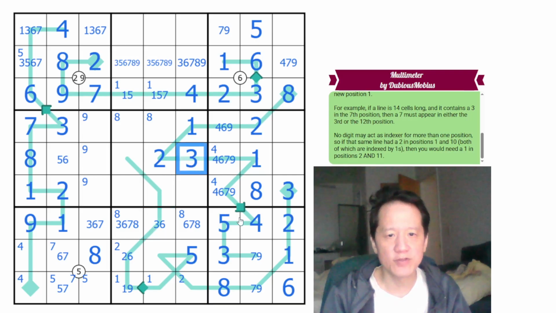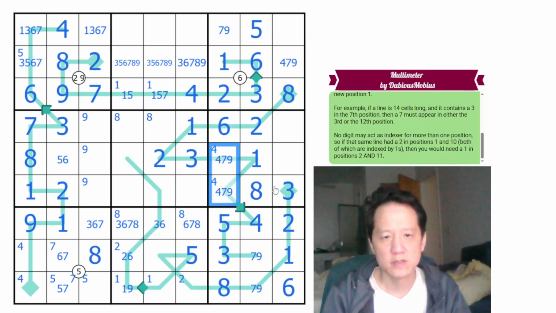So we have a 3 in the 6th position. Therefore, this must be a 6 here. So these can't be 6. This is 4, 7, and 9, and we're not sure which is which.